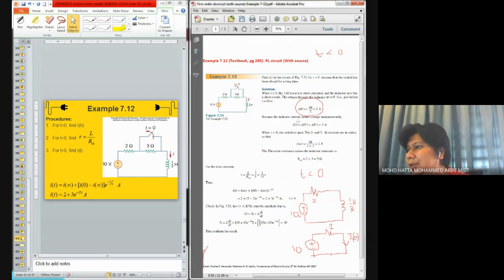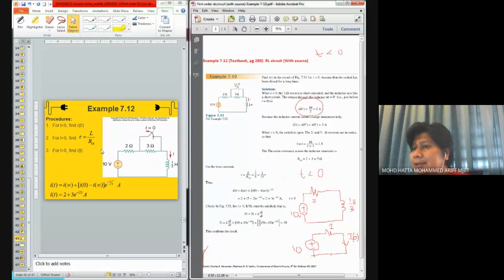Because the inductor current cannot change abruptly, at t equals 0 the current is still in that direction, and it cannot change to another value. We need to analyze what's going to happen next, what the circuit looks like after the switch is open, or at t greater than 0.